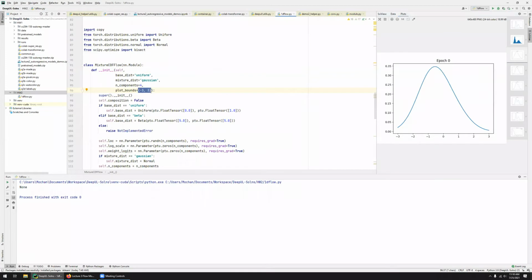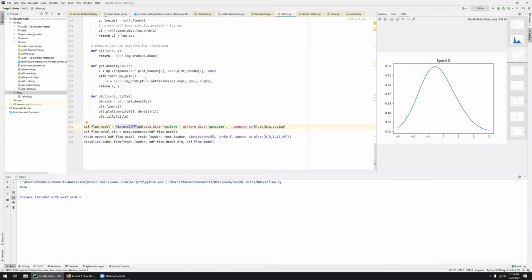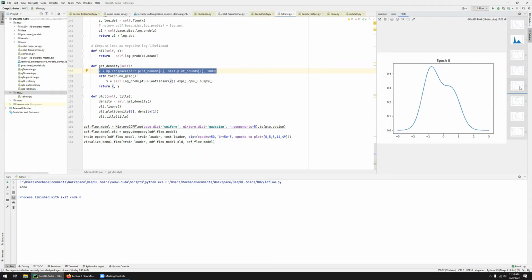So when you calculate the density, you say X is 1,000 equally spaced points over this range, and then here's where we get the probability. You take X and ask for the log probabilities of all of these equally spaced values. Since it's a log probability, we exponentiate it, and then we plot it. So pretty straightforward, right?